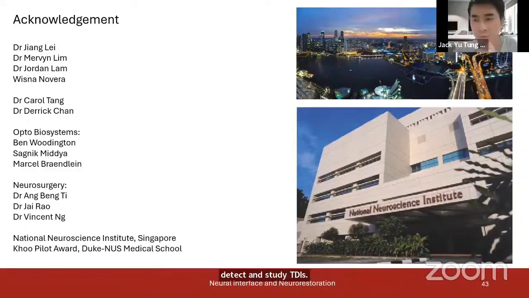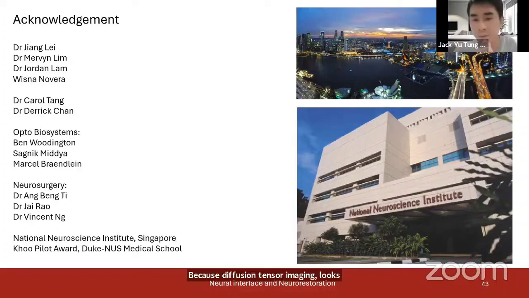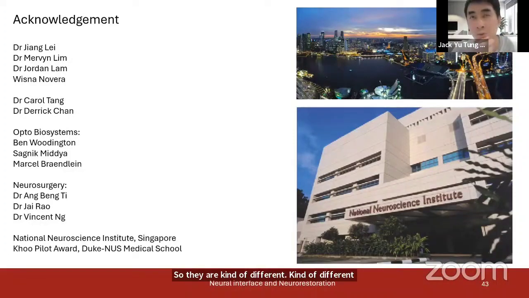By DTIs, do you mean diffusion tensor imaging, or is it something else? I think so. Because diffusion tensor imaging looks at axonal bundles, the white matter tracts that go down, whereas micro-ECOG arrays still record neuronal potentials generated from the cell bodies of layer 1 neurons. So they are different modalities to begin with. But if I'm understanding your question correctly, there are potentially ways to correlate these signals in future studies.